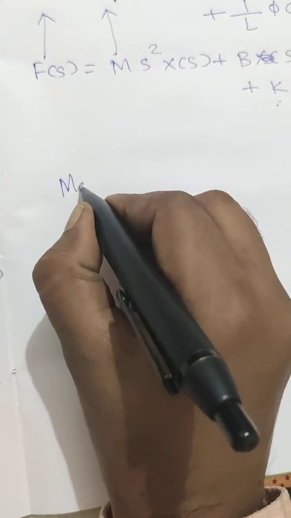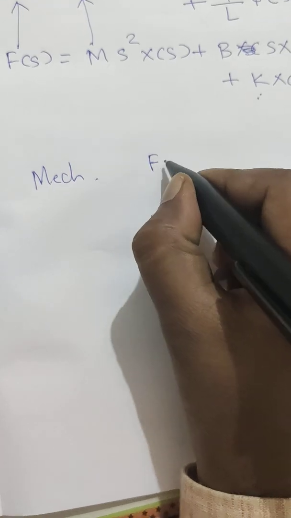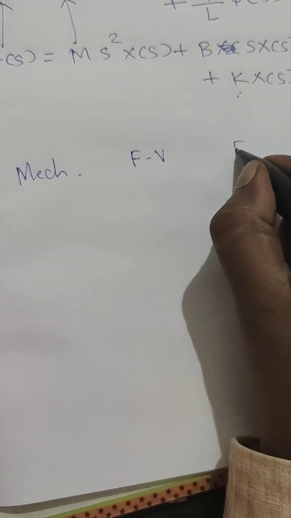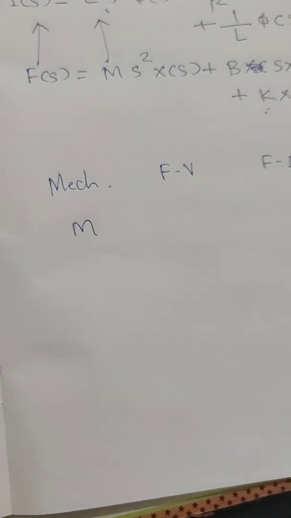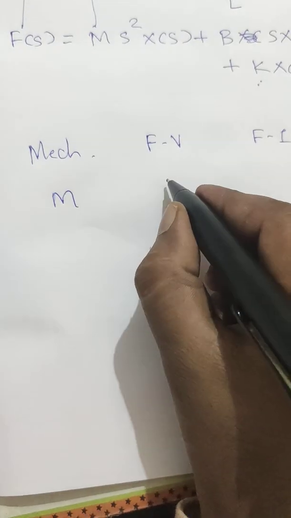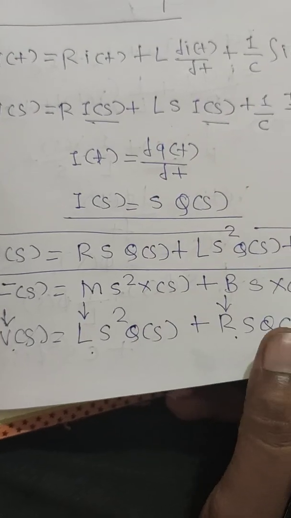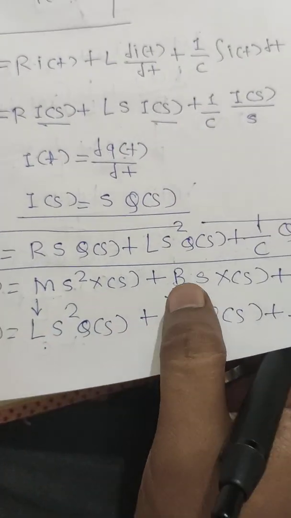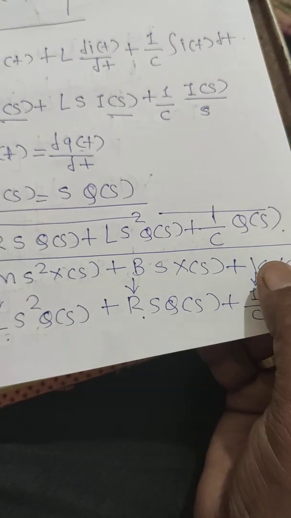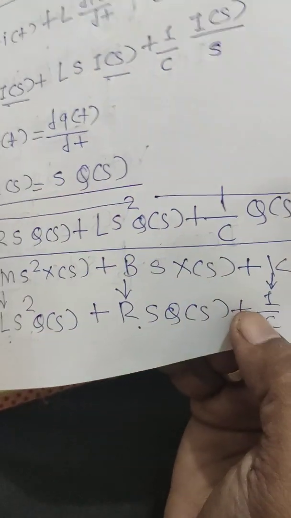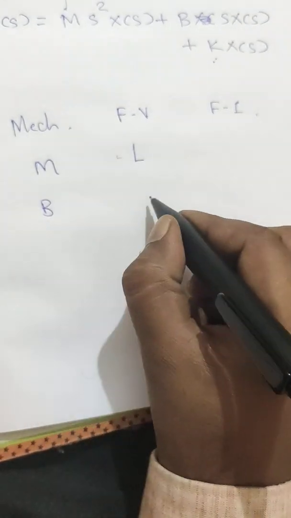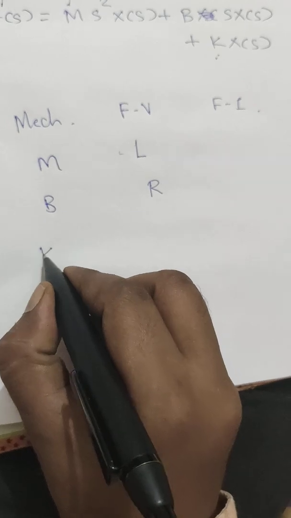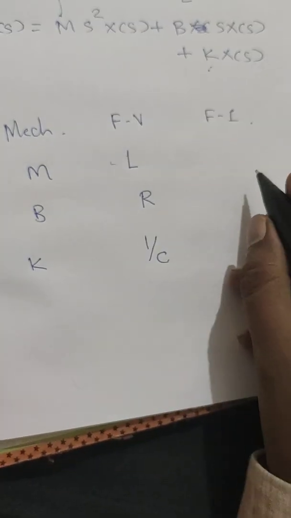So the mechanical system can be converted into electrical systems using force voltage and force current analogy. In force voltage analogy, mass is analogous to inductance, friction is analogous to resistance, and the spring constant is analogous to the reciprocal of capacitance.